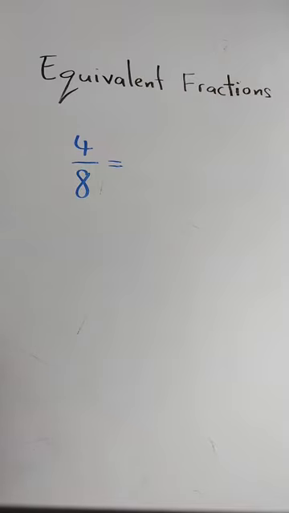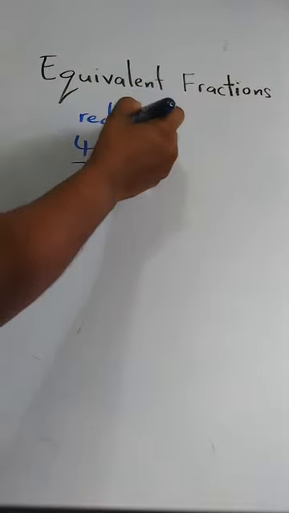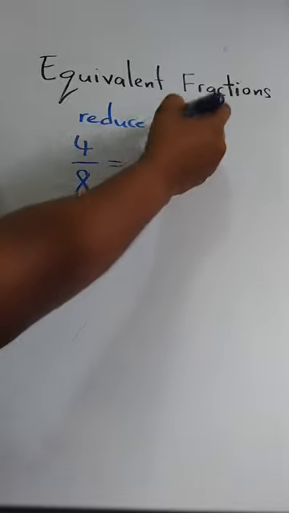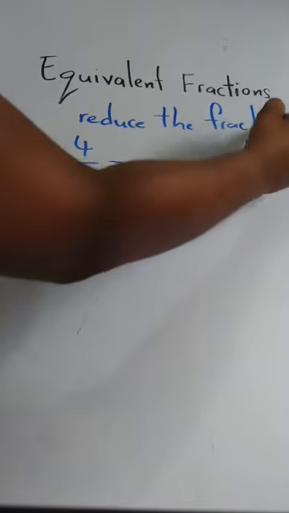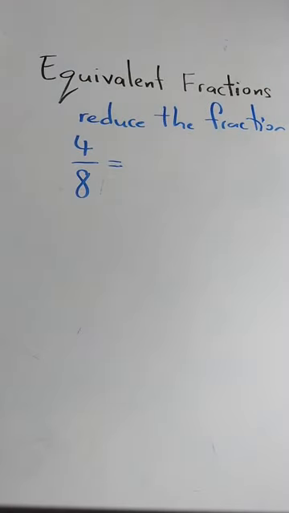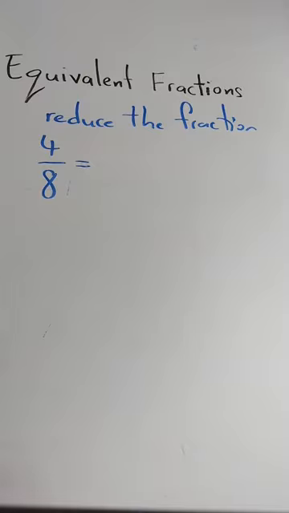All right, so one of the key things though is, what if I'm reducing the fraction? Reduce means that I'm getting the numbers smaller. So I'm going to reduce the fraction, and we can reduce without having it in its simplest form. But generally the question will state reduce the fraction to its simplest form.